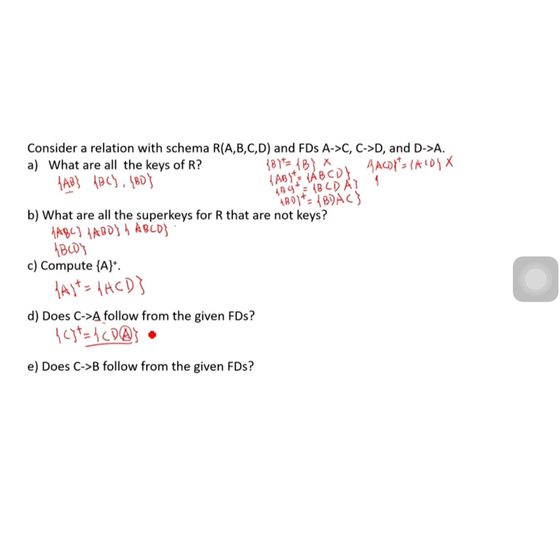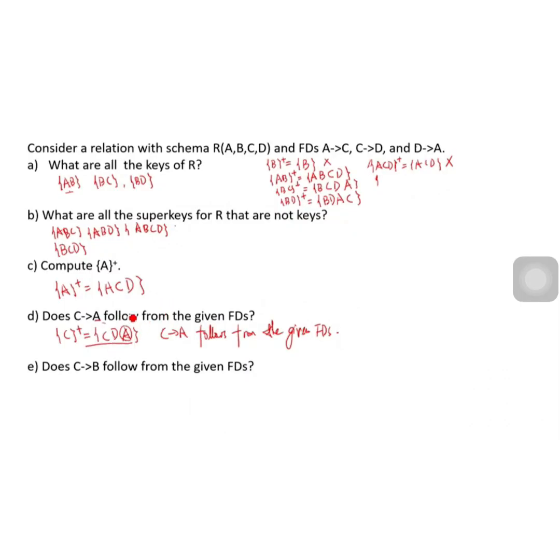So C functionally determines A follows from the given FDs. And because B is not in the closure, C functionally determines B does not follow from the given FDs.